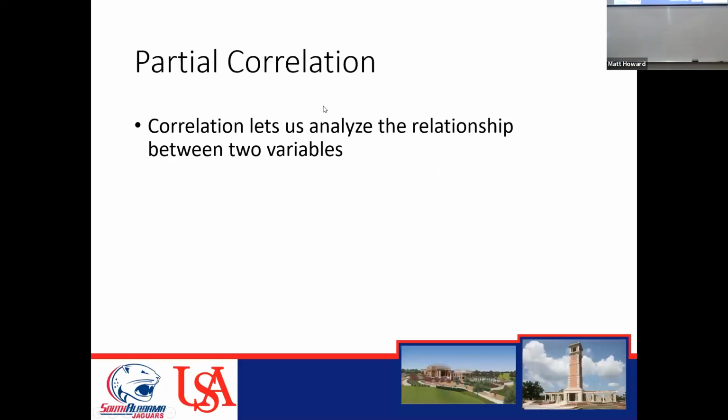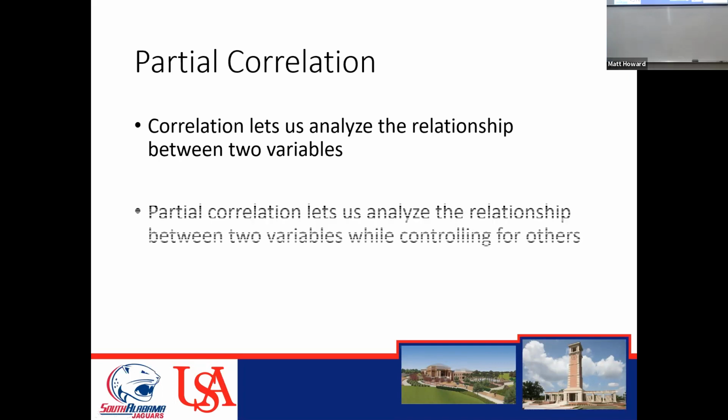As we learned last week, correlation allows us to analyze the relationship between two variables. Therefore, partial correlation lets us analyze the relationship between two variables while controlling for others. So we're still looking at something relatively simple, like x to y, but we think there might be something like A, B, and C that we should account for.